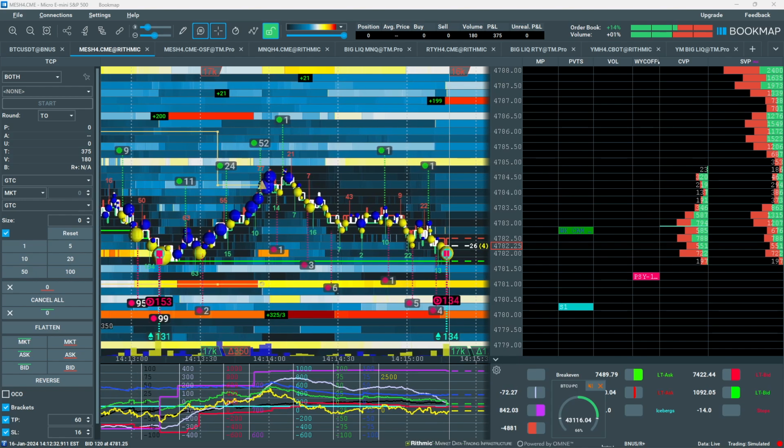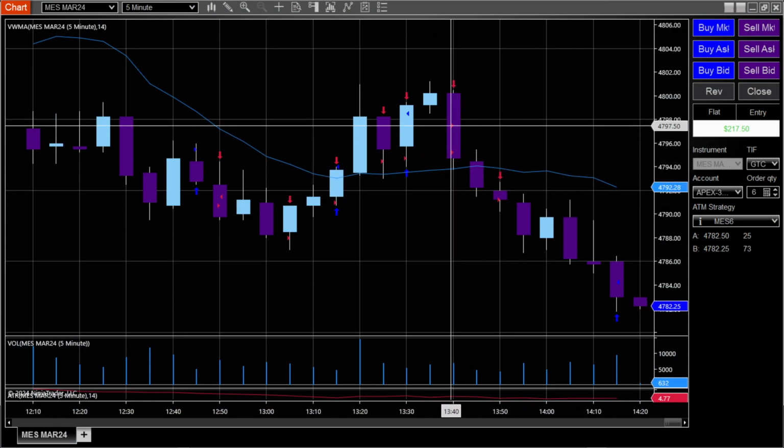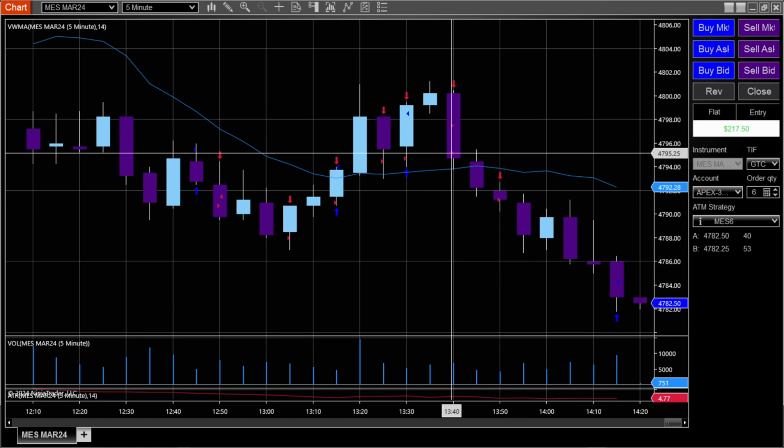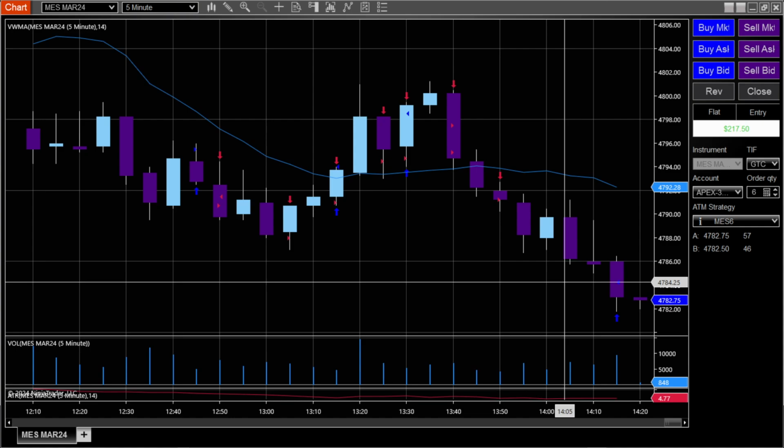Sweep ES. Absorption sellers ES. Right, so it's basically a short trade here from 47.9750, added at 47.9525, added again here at 47.9125, and stopped out at 47.8425.